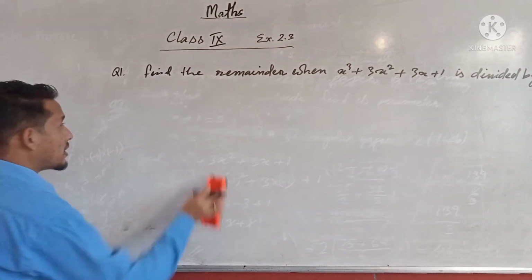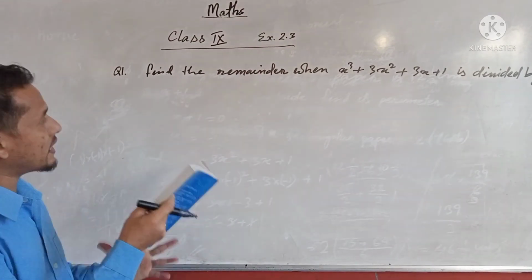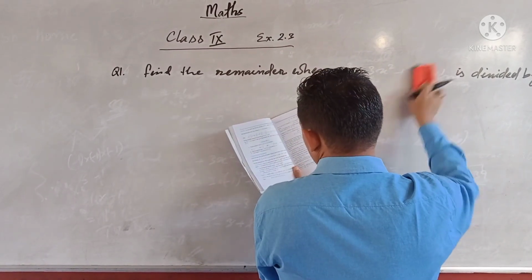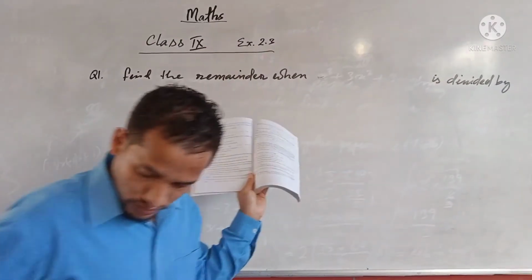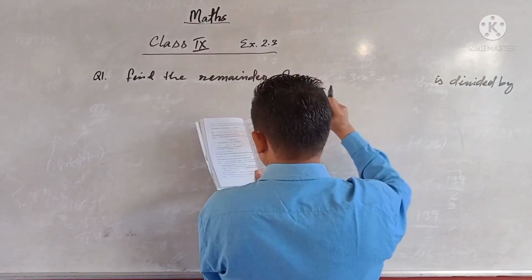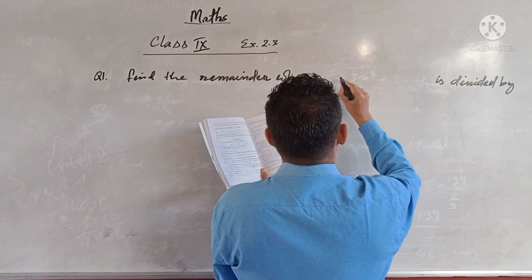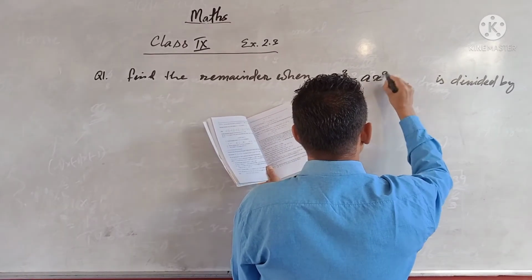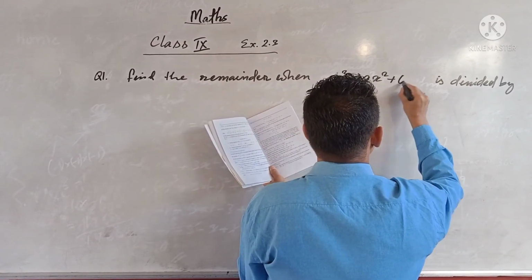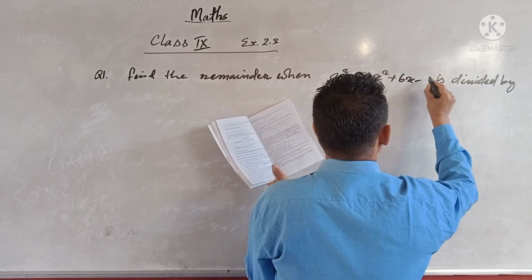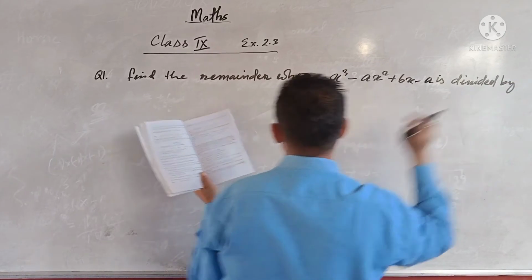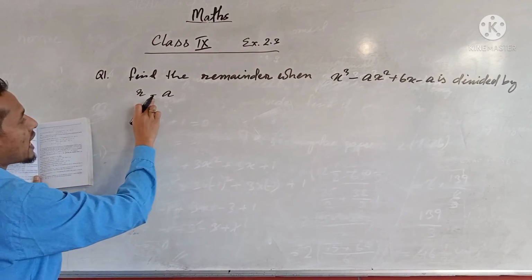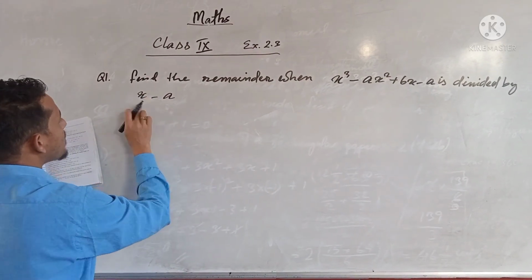So question number 2, your question is: find the remainder when x cube minus ax square plus 6x minus a is divided by x minus a.